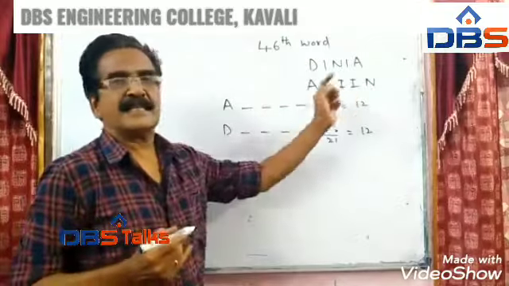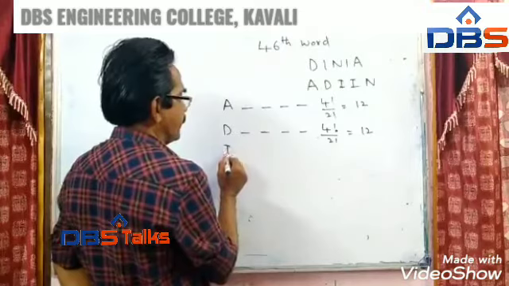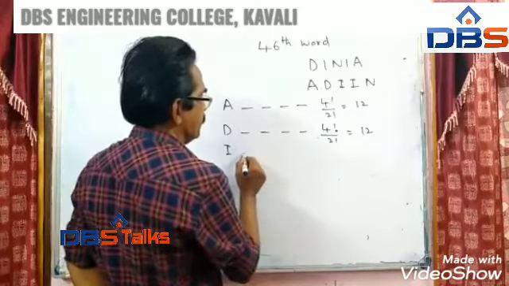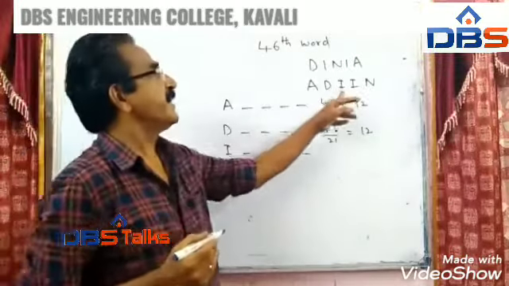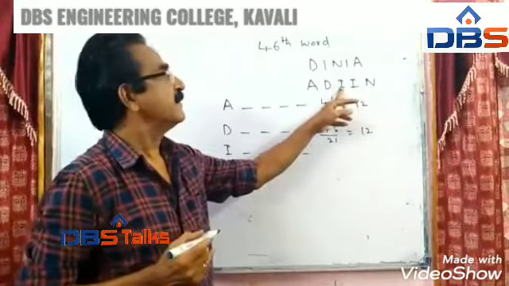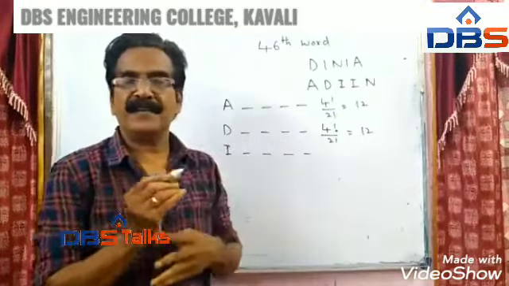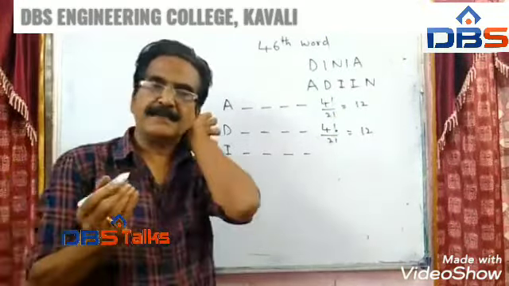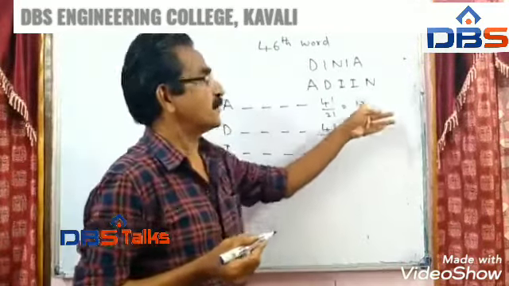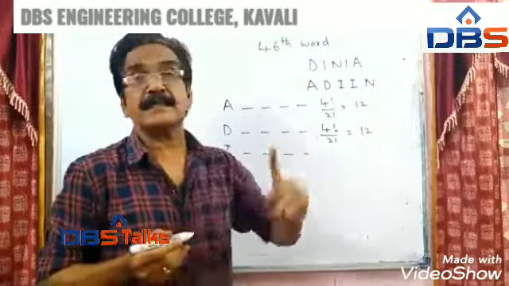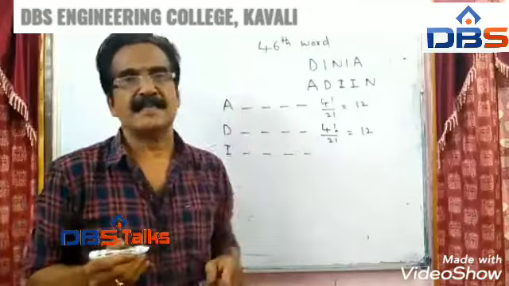The next letter is I. If we place I in the first place, we have A, D, I, N, four different letters, which can be permuted in 4 factorial, 24 ways. 24 plus 24 becomes 48, which exceeds our number 46.